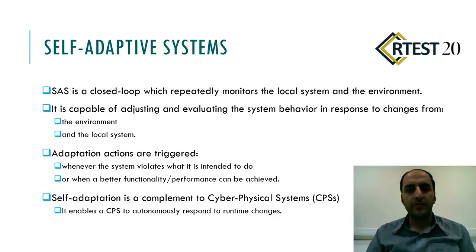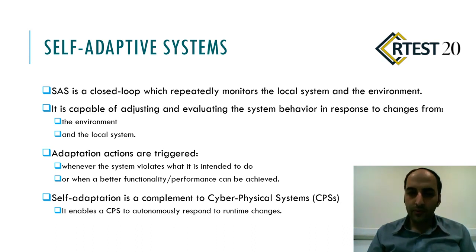So let's start with some preliminaries about self-adaptive systems. A self-adaptive system consists of a closed loop that repeatedly monitors the local system and the environment. The local system refers to the cyber part and the environment is the physical part of the cyber-physical system. A self-adaptive system is capable of adjusting the behavior of the local system against the changes imposed from the environment or some components of the local system.